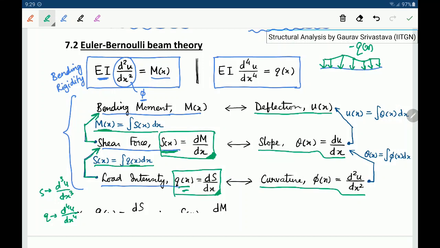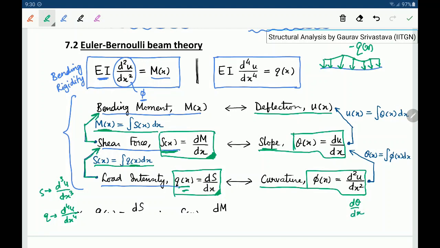Okay, now similar things can be seen for displacements. The slope is defined as the first derivative of the displacement, so this is a well-known fact, I guess. Then the curvature is the second derivative of the displacement, or the first derivative of the slope.